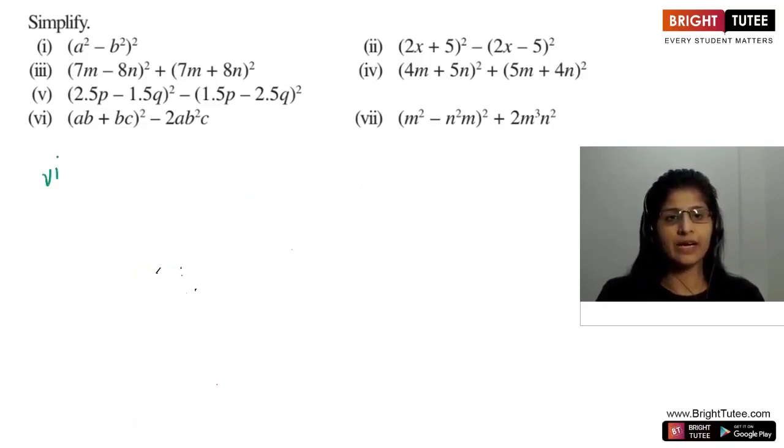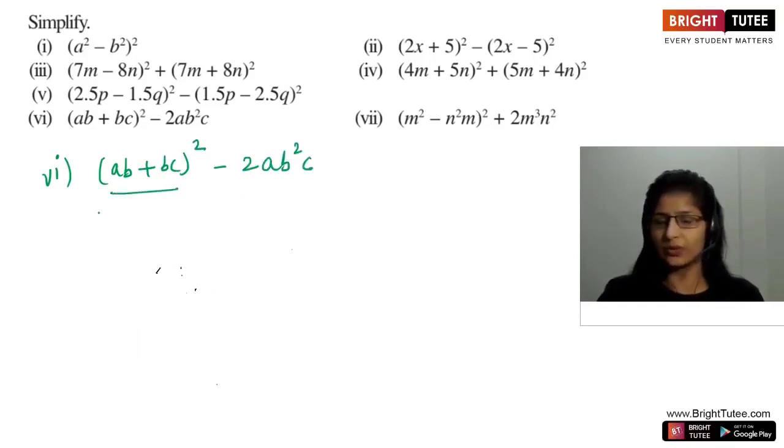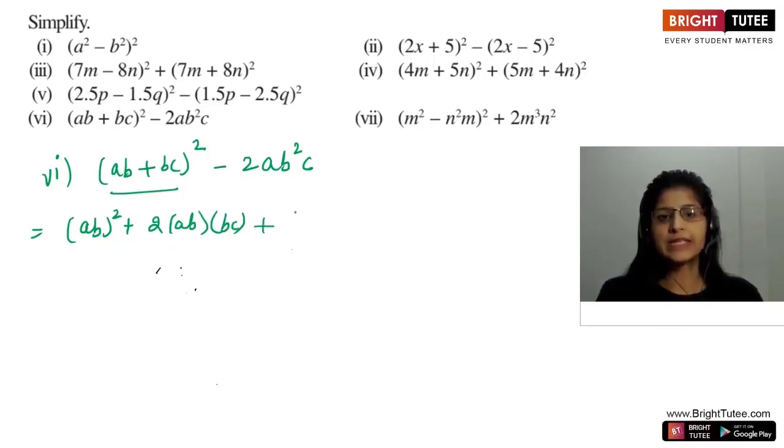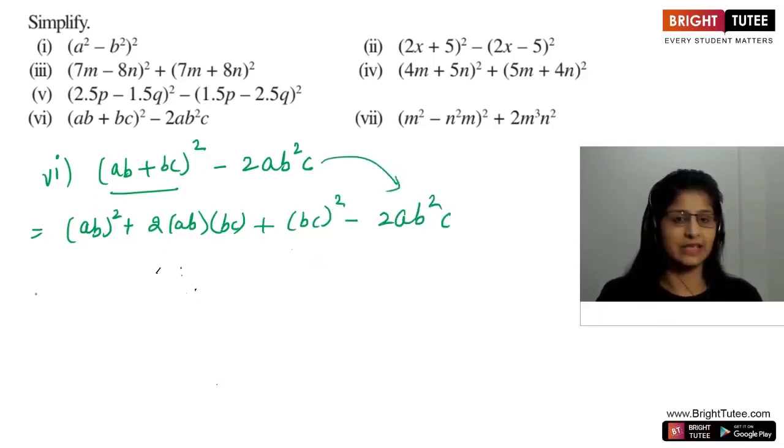In the sixth part, we are given AB plus BC whole square minus 2AB square C. So let us first solve this. What is this? A plus B whole square. So A square plus 2 into AB into BC, right? Plus B square, that is BC square, minus 2AB square C, that I have copied as it is.